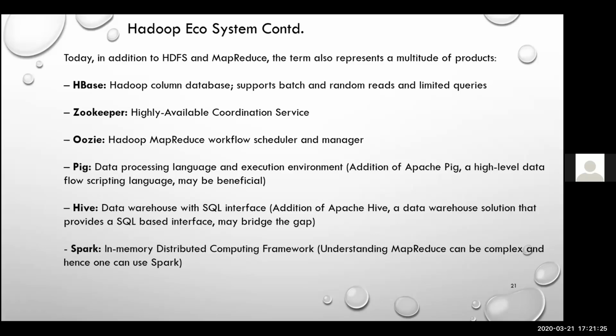We can write human-readable queries using Pig on top of large data sets stored in HDFS. Hive is a data warehouse with a SQL interface. The interface will be similar to SQL, so Hive gives us a SQL-like interface which we can connect to really easily.